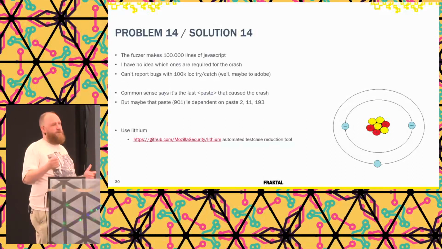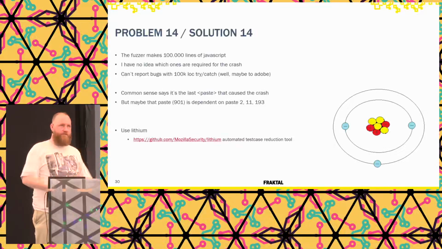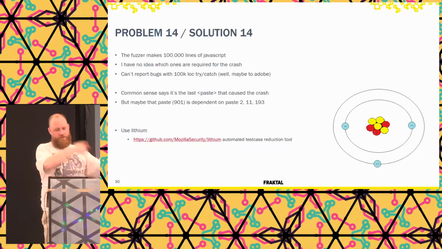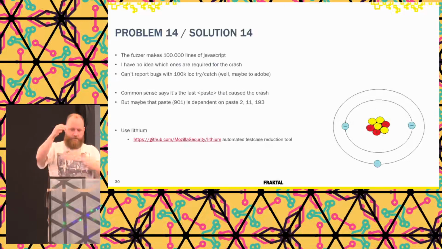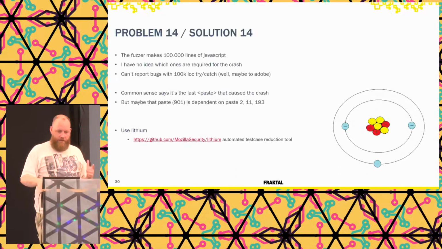Of course, common sense says that since we're feeding the input sequentially into the reader, the last blob of data is what's causing the application to crash, but it's most certainly dependent on a sequence of actions before that. The quick solution, instead of trying to minimize by hand, which is sometimes easy, sometimes not, is just to use Lithium.